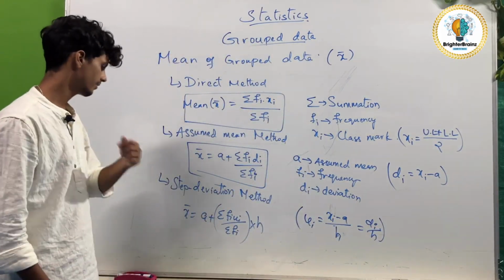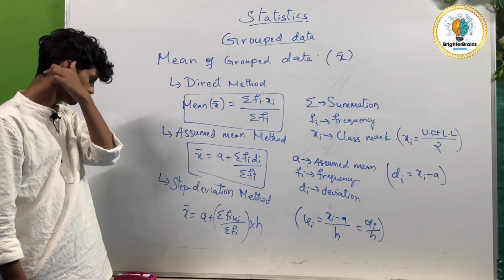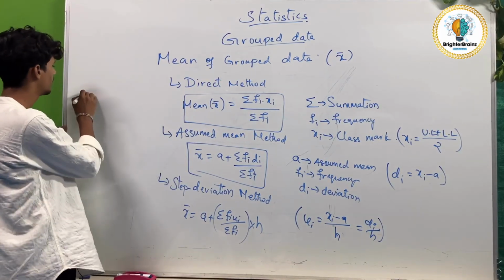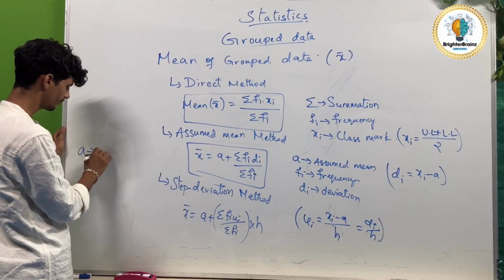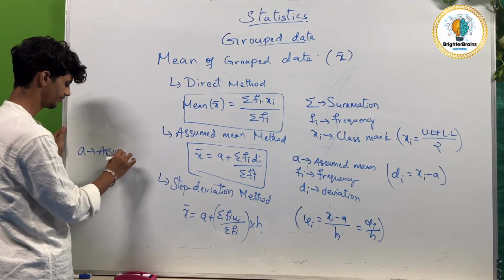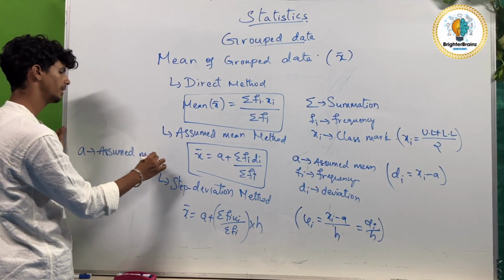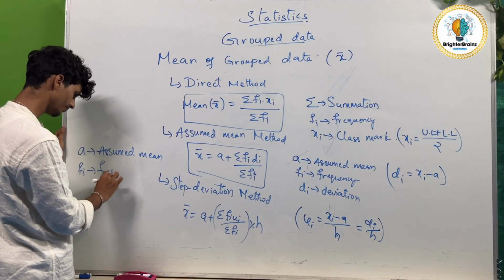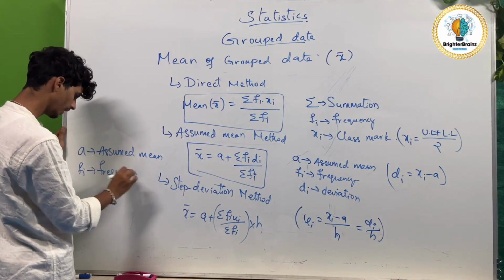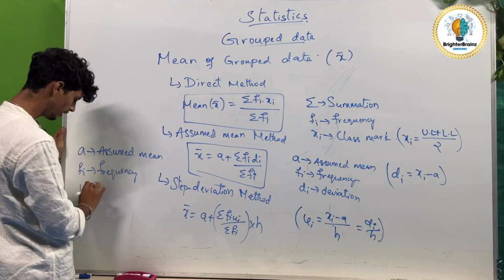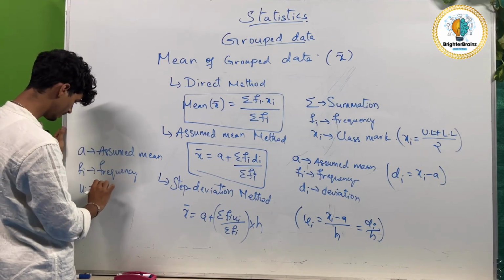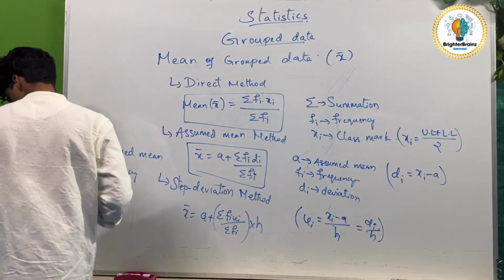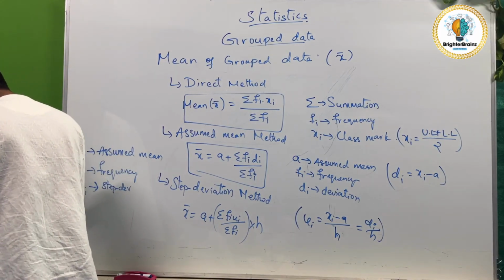Now let us know the terms here. A is the assumed mean, fi is the frequency, and ui is the step deviation. Write it down.